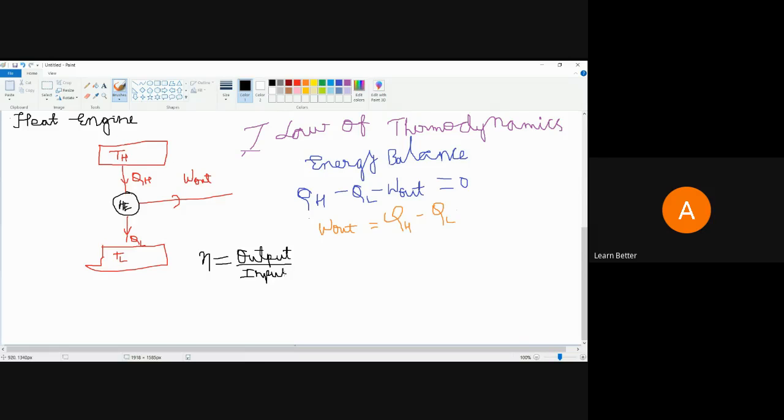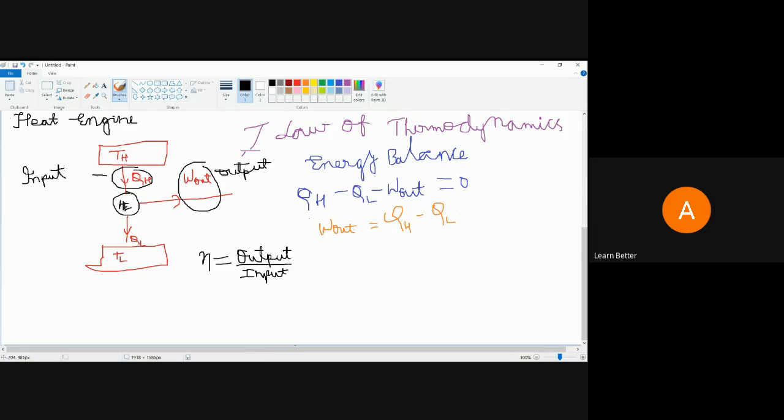The output is the work output. This part is known as the output part. And the input to the heat engine is QH. This QH part is known as the input part.